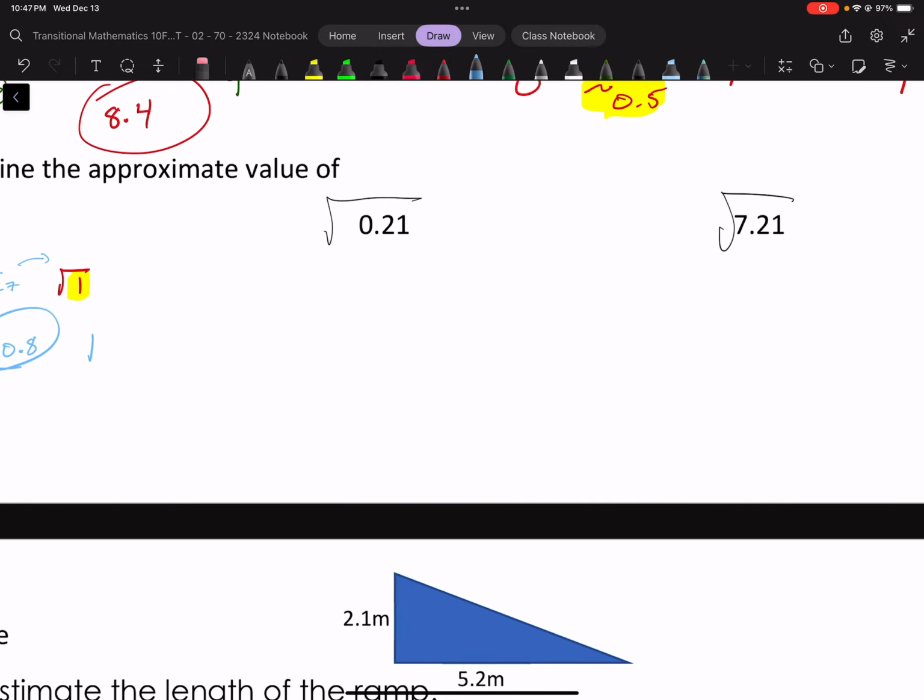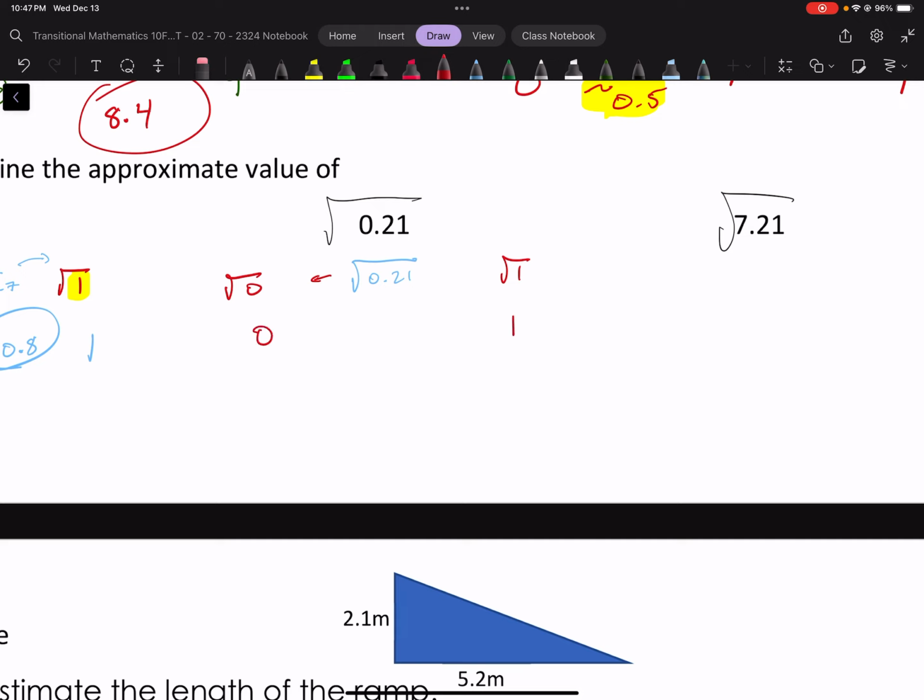The square root of 0.21. Well, the square root of 0.21, I'm going to pick out my perfect squares that are close by. Well, the square root of 0 and the square root of 1. 0.21 is a number between 0 and 1. What I notice is 0.21 is much closer to the square root of 0 than it is to the square root of 1.